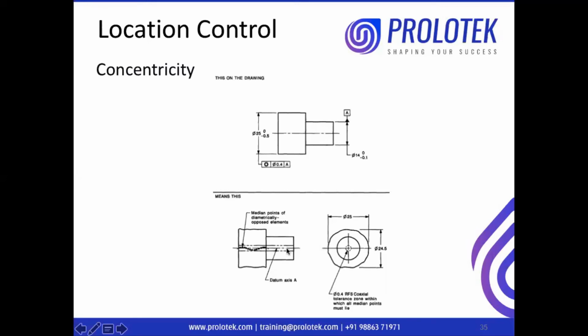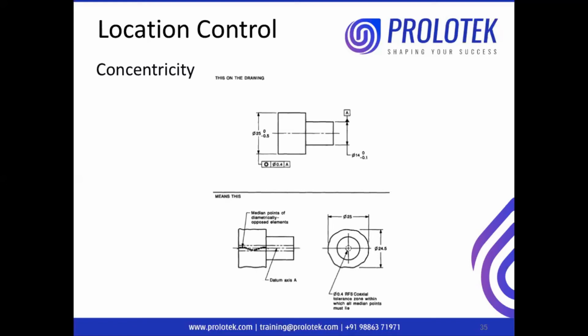axis. But the problem here is, when I measure the center in this direction, I will get one center. If I measure the center in this direction, the center I get would be totally different from the previous center. Like this, on the same plane, different directions, different centers. Because of this, it was very difficult for people to measure the center and then validate that it is maintained.